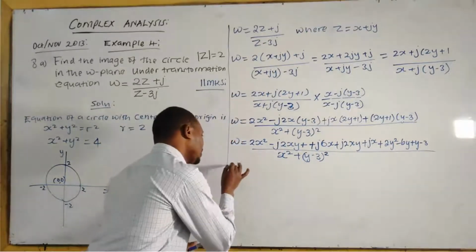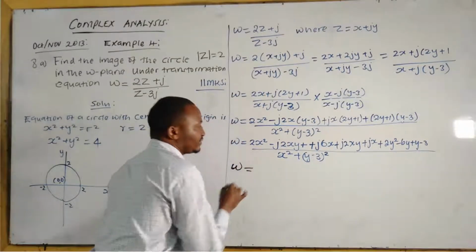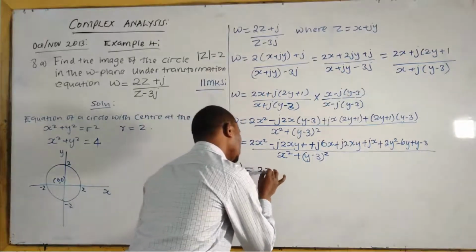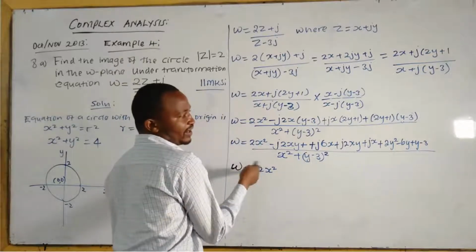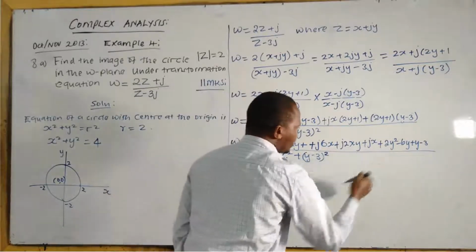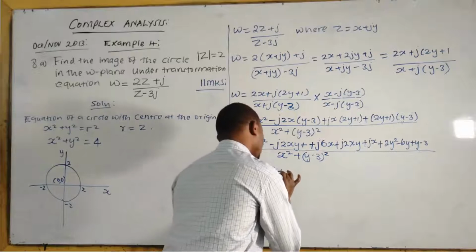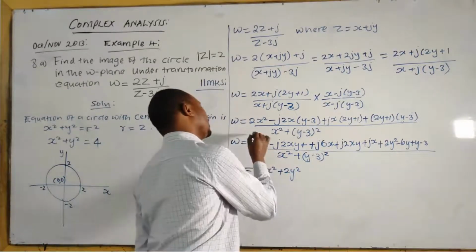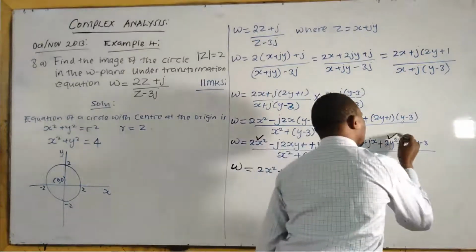I wanted to use blue and use black for cancelling out. We have 2x squared. And it's good to have y and x squared together. This is 2y squared plus 2y squared. We have taken care of this, we have taken care of that.